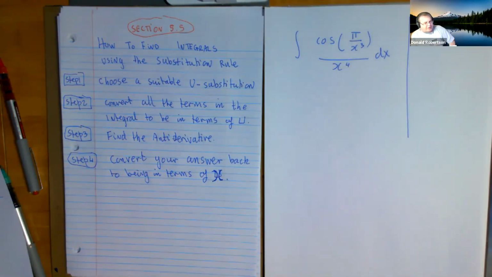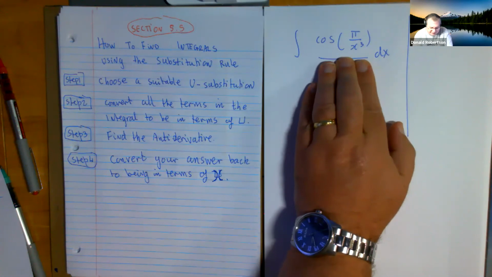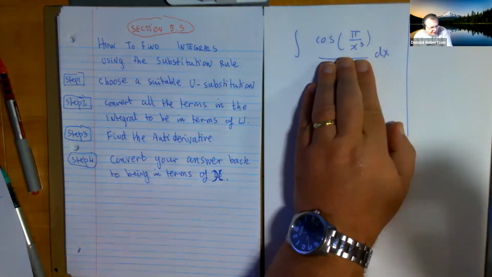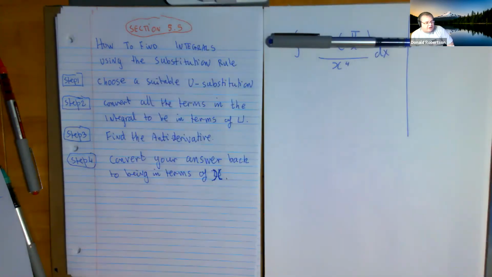We'll call it the 90% rule, right? 90% of the time, the u sub you pick is the right one. This is one of those times, but we have a choice here. Isn't there a rule that says if it's an ugly cosine, you pick the ugly guy in the cosine? And then we have a different rule that says when it's a fraction, you pick the bottom, right? You can't pick both.